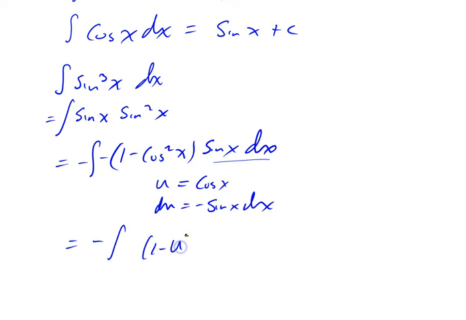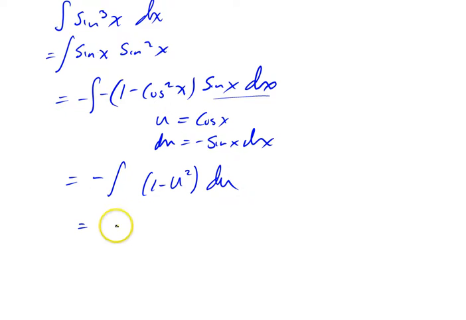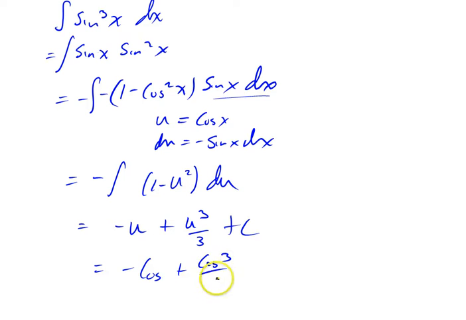So I've got 1 minus u squared du, which integrates to u minus u cubed over 3 plus a constant, but then u is cosine x. So I've got minus cosine x plus cosine cubed x over 3 plus a constant.